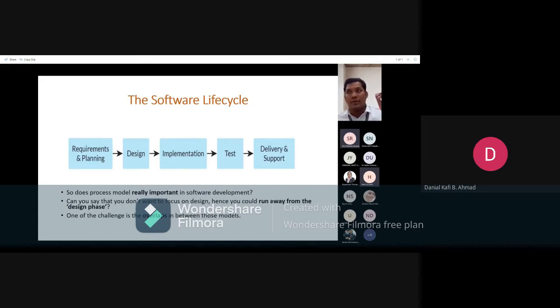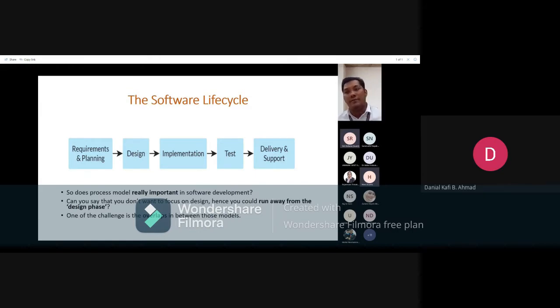In fact, if we see waterfall, at point number 3, one of the challenges is the overlaps. So there are also questions like, are we going to choose waterfall or V model? But did anyone realize that when you choose waterfall, you can apply incremental in each of the phases? When you apply incremental, you can apply evolutionary models.